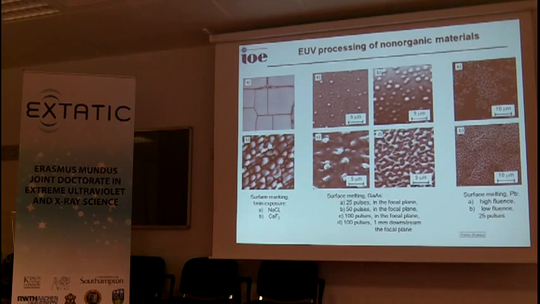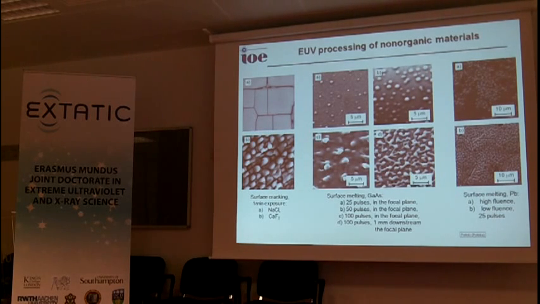Also, we performed some preliminary studies on EUV processing of non-organic materials. I would like to point out, we observed surface melting after irradiation with EUV light. Maybe some of you noticed a paper in Nature, where melting of a surface with EUV photons from a flash was observed for the first time two years ago.